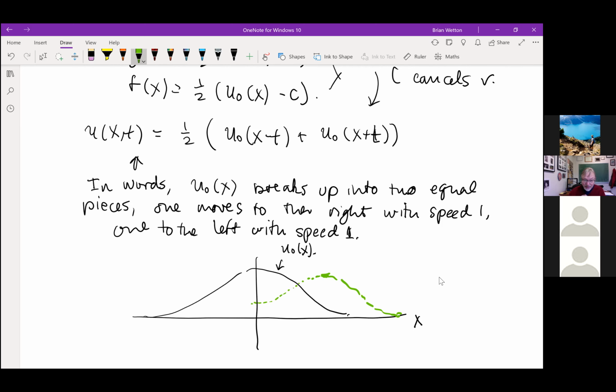I didn't do a good job. So imagine this is half as high as this. And then I'm going to have another one half as high, right? And then this bump is moving this way, and this bump is moving this way. So this is u of x and t for some later time. And if I wait even longer, those two bumps will be separate, and it'll be this shape, but half as high, right? One moving to the right, one moving to the left.